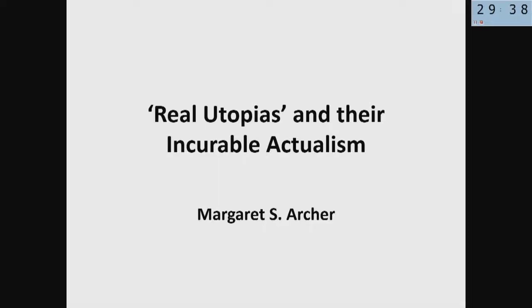So what I am going to be doing is contrasting two types of utopias.